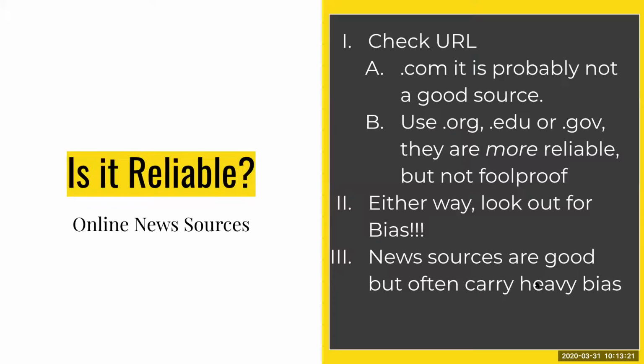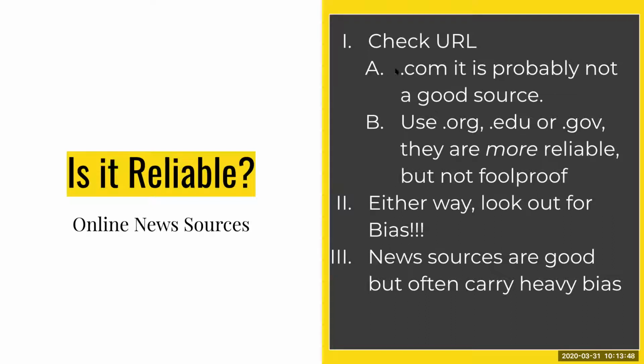So let's start first with, is it reliable? So when you're looking for research online, right? The first thing you want to ask is, is it trustworthy and reliable? Now for online news sources, this is specifically important to look at. And one of the first things that you want to do is check the URL, right?